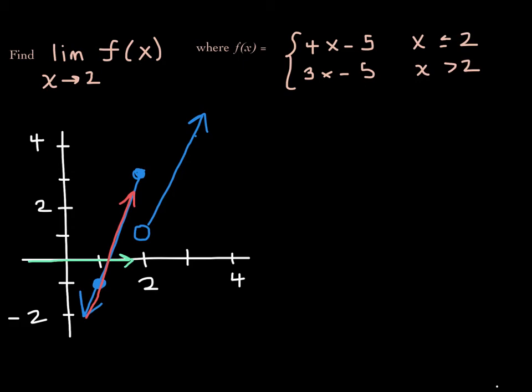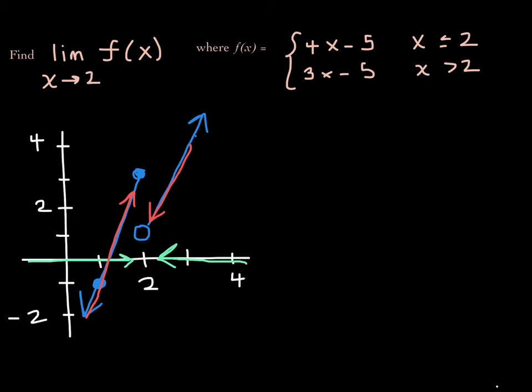Now, as my x values approach 2 from the right, watch this, folks, this is important. My function values are approaching, what is this? Approaching what? 1. I know that it's undefined here, it's an open circle, but you're really considering what my function values are approaching as x approaches 2 from the right, and my function values are approaching 1.